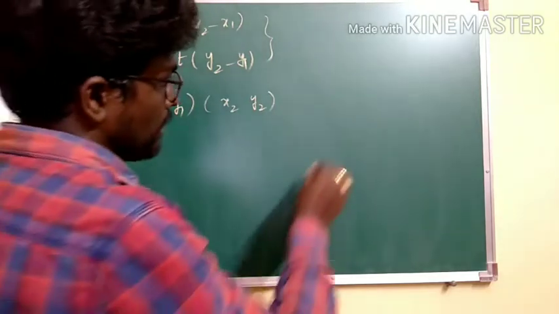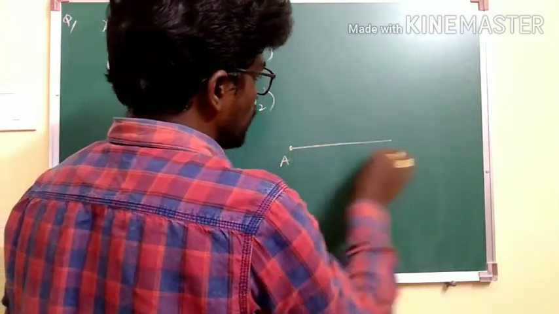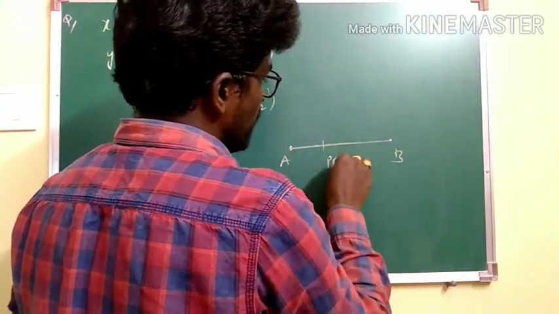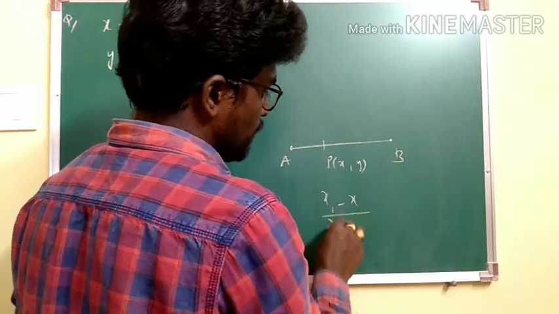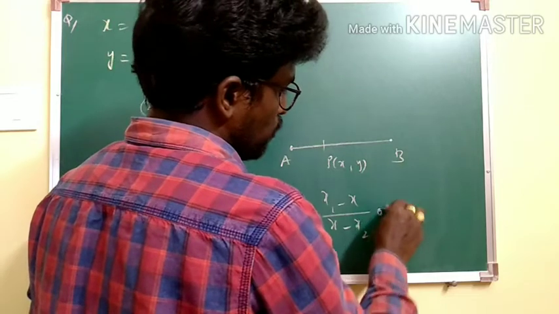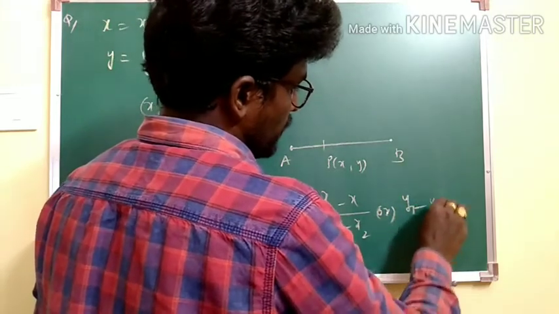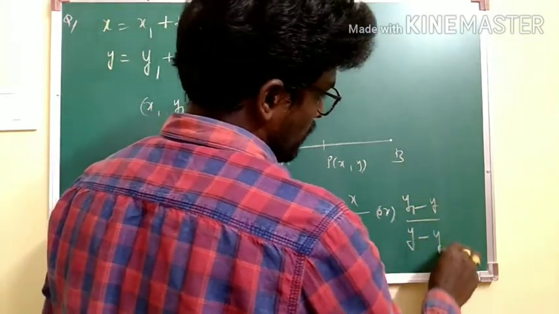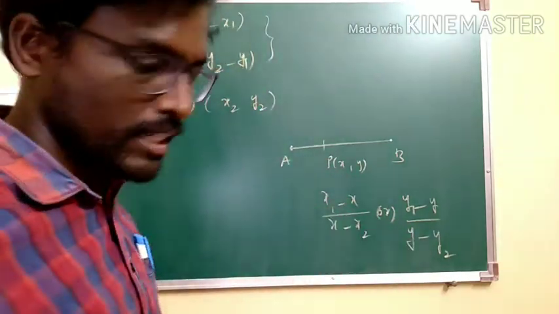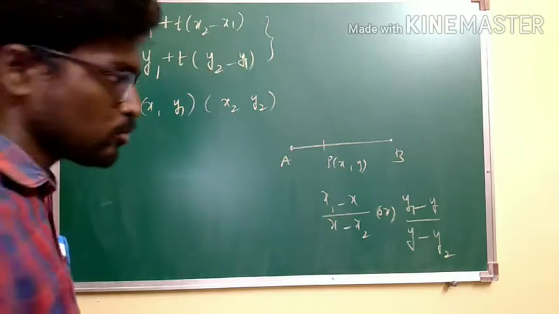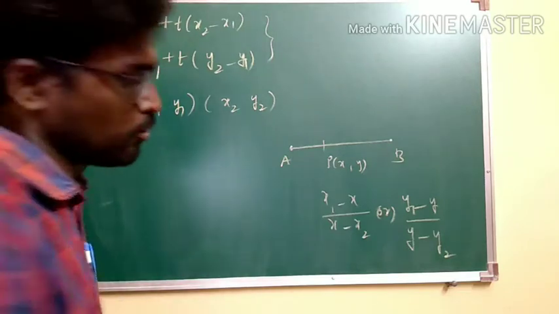So I told you very clearly, when you are talking about 2 points and some point P(x, y) divides, then the required ratio is given by (x1 minus x) by (x minus x2) or (y1 minus y) by (y minus y2). With any of these formulas, we can get the required ratio. I have told you number of times to remember these kind of shortcut results also.